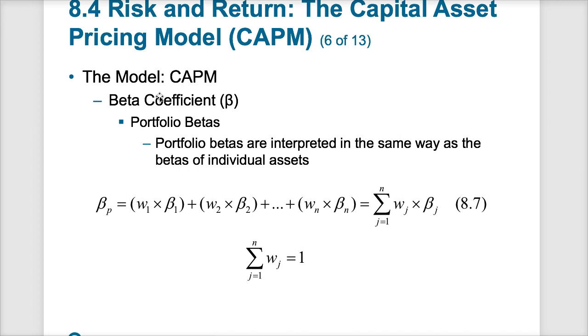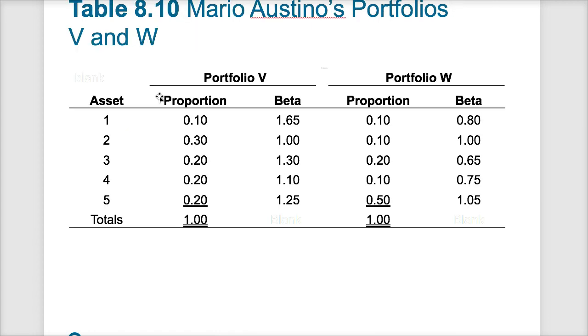But we could also create a beta for a portfolio, which would be a weighted average beta for a portfolio of assets. And this, again, I'll detail in my spreadsheet video of these calculations. So if we look at these two portfolios, portfolio V and portfolio W, we can see this is the percentage portion. So asset 1 is 10% of the portfolio and has beta 1.65.